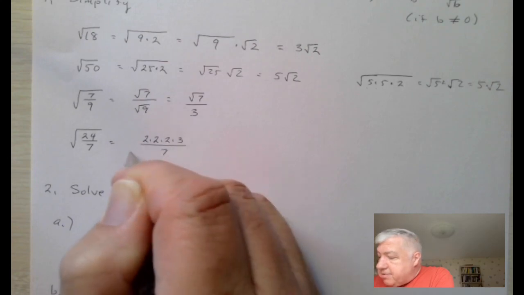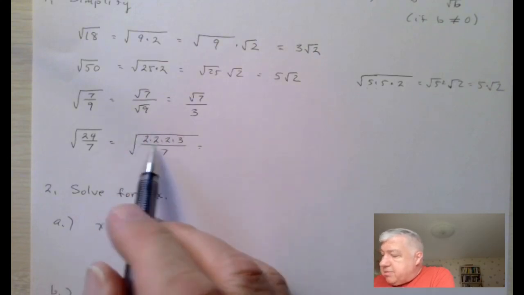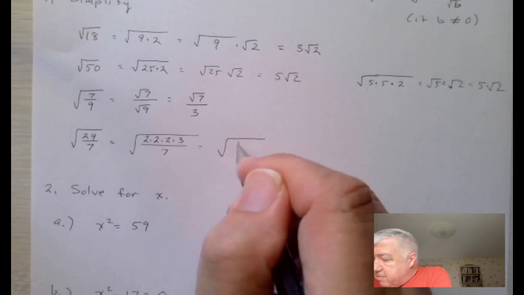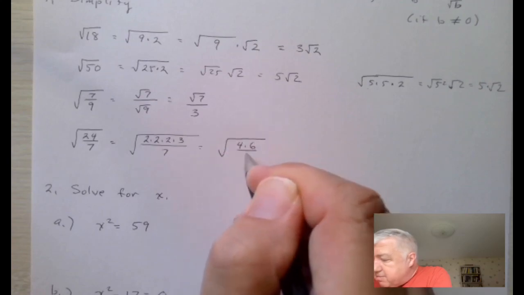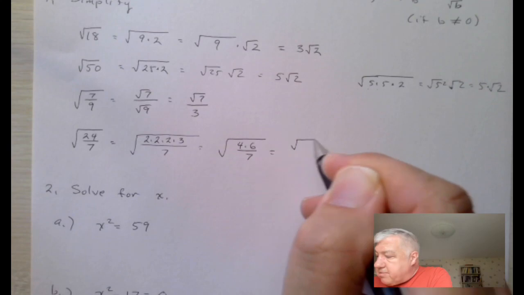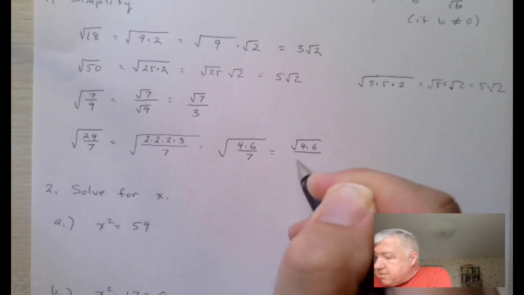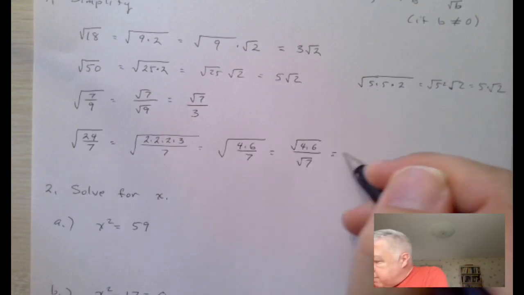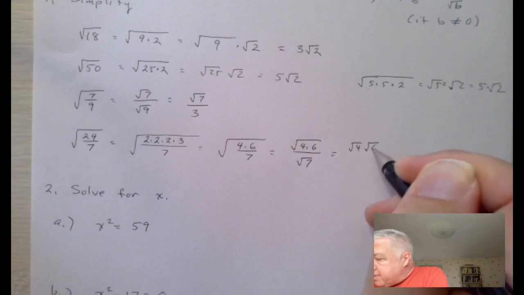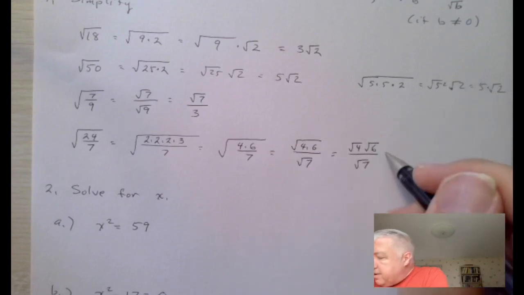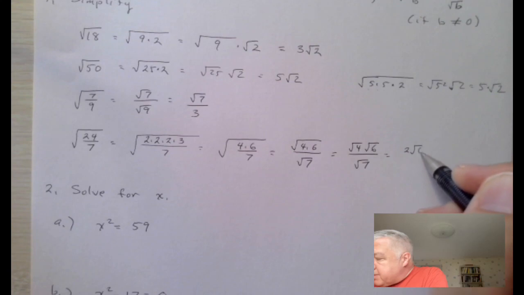Well, 2 times 2 is 4, so this would be 4 times 6 over 7. And we can write this as the square root of 4 times 6 over the square root of 7, which is the square root of 4 times the square root of 6 over the square root of 7, which is 2 square root of 6 over square root of 7.